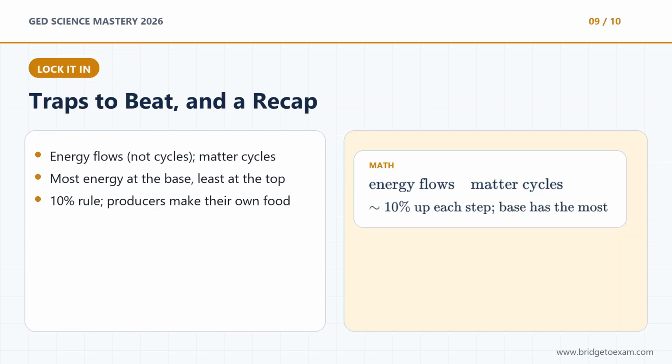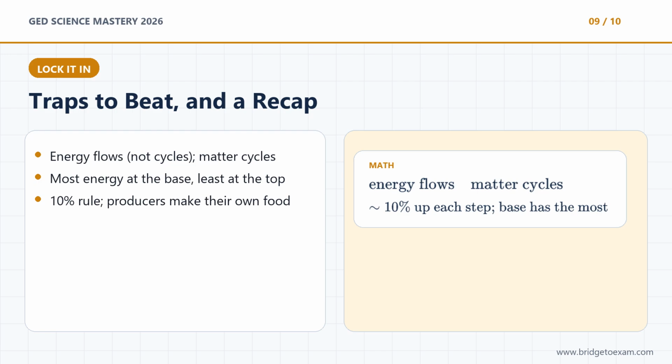Let's lock in the traps. 1. Thinking energy cycles. No, energy flows one way and is lost as heat. Only matter cycles. 2. Thinking there is more energy at the top. No, the base, the producers, has the most. The top has the least. 3. Thinking producers eat others.